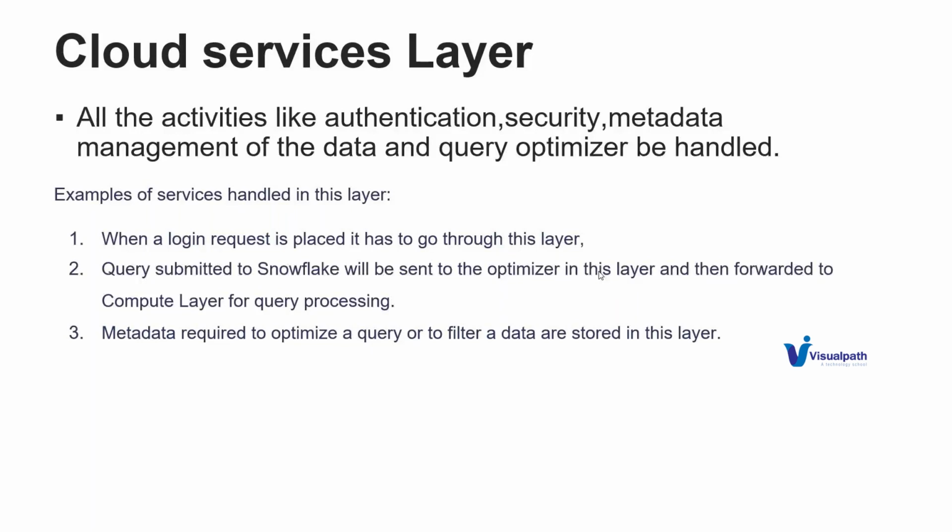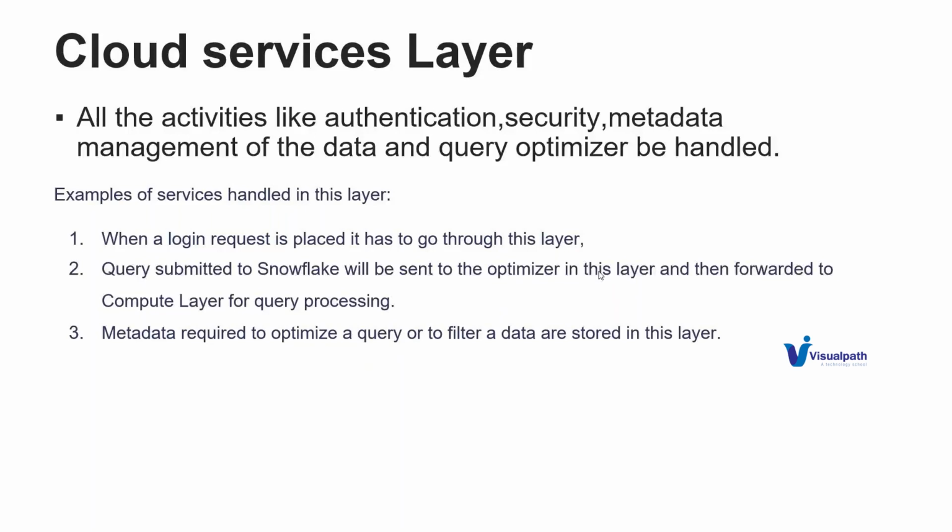Is it a DML query, a DQL query, or a DDL query? For DDL queries, it doesn't require compute resources. It can directly execute through the cloud services layer only. Create, alter, drop, truncate don't require any compute resources.